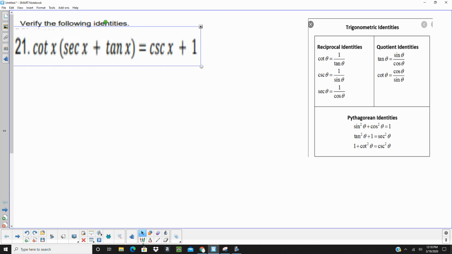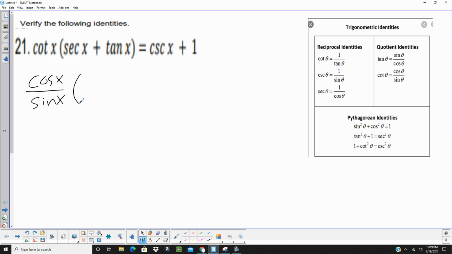All right, let's go ahead and start this one by putting everything in terms of sine and cosine. So cosine x over sine x. Secant is 1 over cosine. And tangent is sine over cosine.